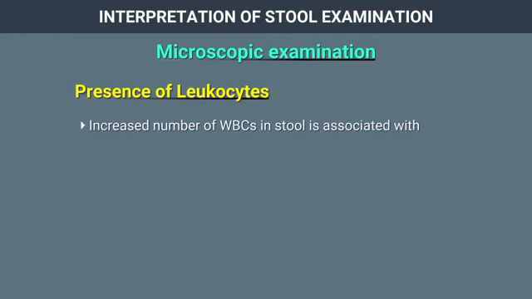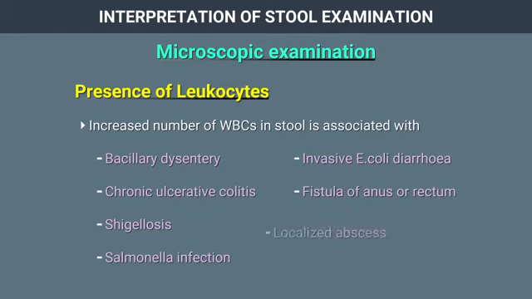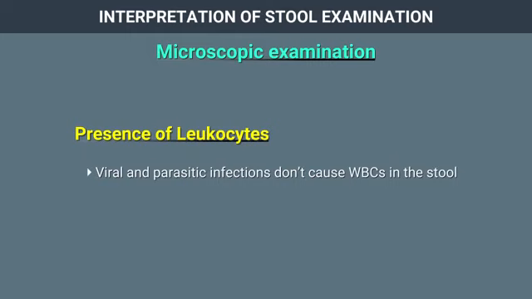Increased number of white blood cells in stool is associated with bacillary dysentery, chronic ulcerative colitis, shigellosis, salmonella infection, E. coli diarrhea, fistula of anus or rectum, localized abscess, and sometimes with amoebiasis and typhoid. Viral and parasitic infections don't cause white blood cells in the stool.